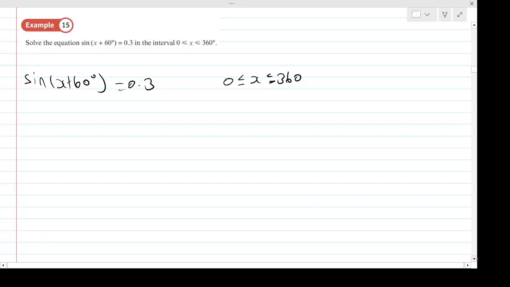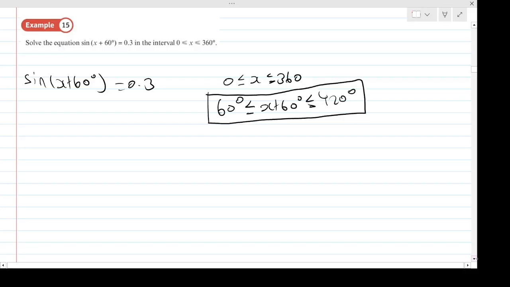So I need to adjust my interval. So if x is between 0 and 360, what about x plus 60? I need to add 60 to everything. So 0 add 60 would be 60, and then x plus 60, and then 360 add 60 is 420. And so that is my interval I need to consider.